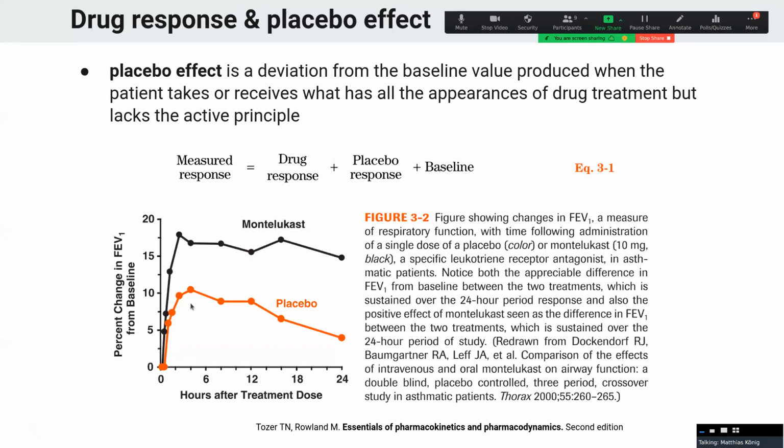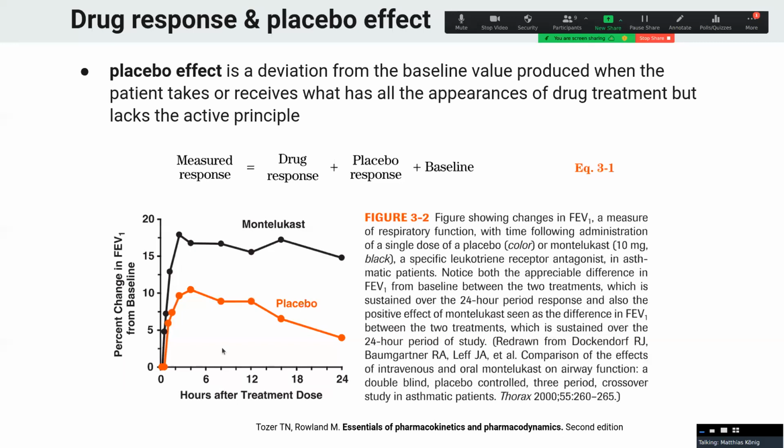But you see that you already get big changes in this volume if you just give placebo. So the effect of the drug looks large, but in reality the actual effect is just the difference between the placebo and the drug effect here of the Montelukast.